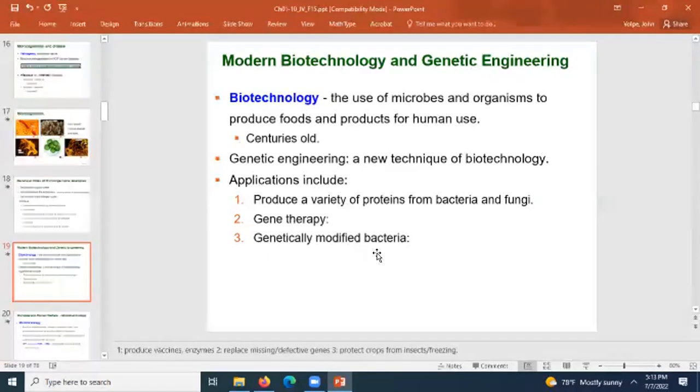Supposedly it didn't rot as quickly in the store, and so it would keep longer. And I don't see the Flavr Savr tomato anymore in the store. So I'm guessing it wasn't something that a lot of people bought. And so you need to look very hard to find it now.